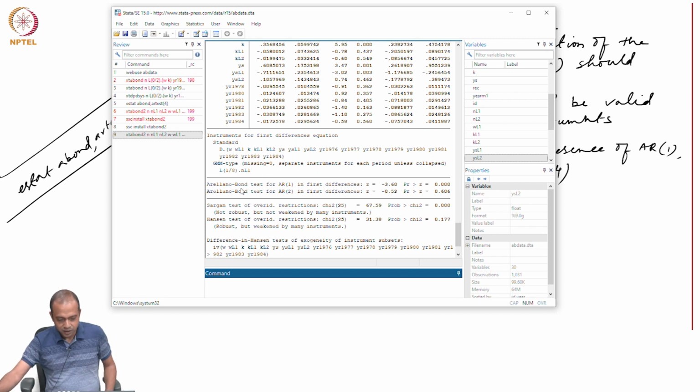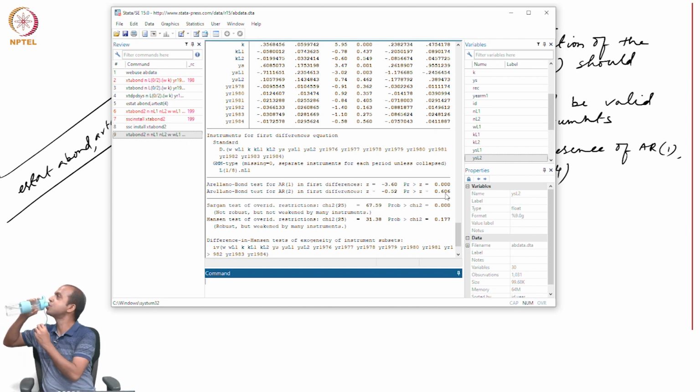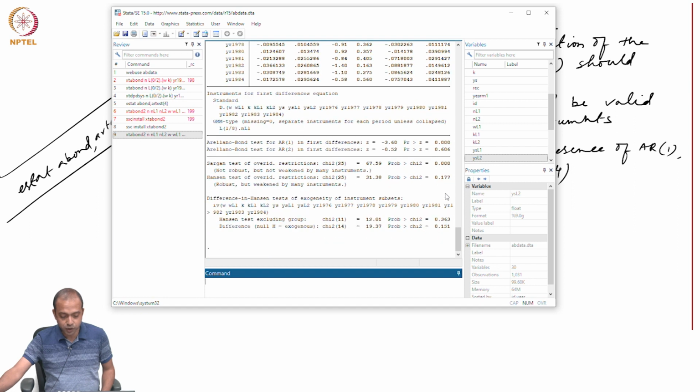And again you see the Arellano-Bond test AR1, the z value probability, the p value is 0.0000 and this is 0.606. What does it indicate? Basically it indicates the presence of AR1. What about the over identifying test that we are talking about?